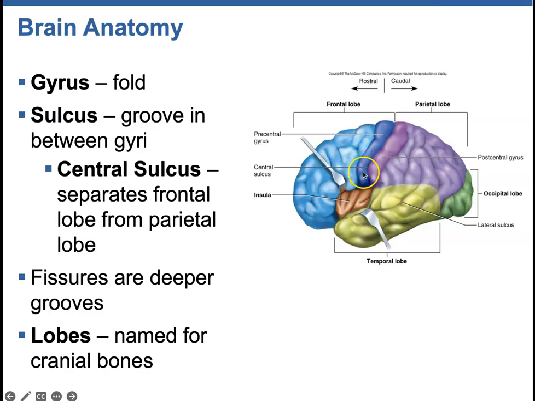Down the middle, between the frontal lobe and the parietal lobe, is the central sulcus. It's labeled right here. Why the central sulcus is so important is that it separates the frontal lobe from the parietal lobe. And why that matters is that your frontal lobe is your motor, and the parietal lobe is the sensory portion of the brain.